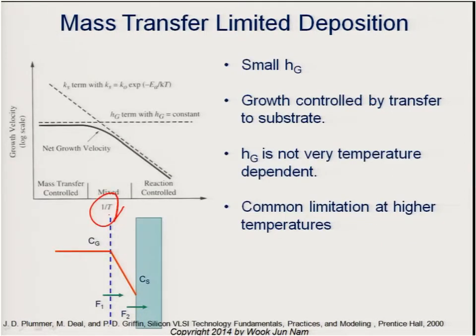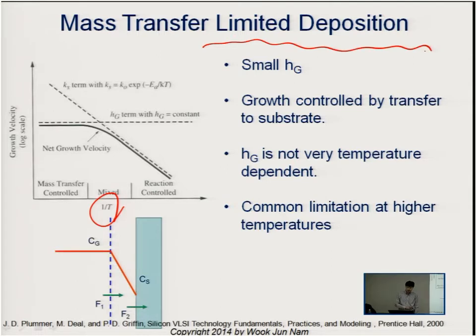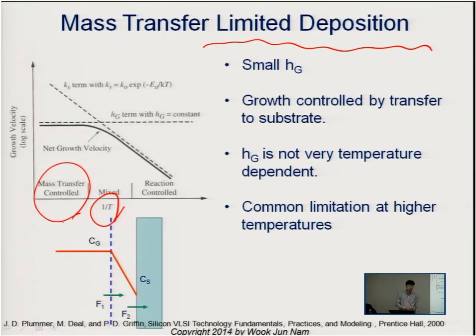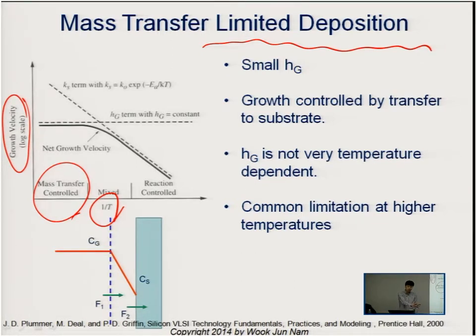Depending on the temperature, there are two different kinds of reactions. At hot temperature, the chemical reaction happens very fast. So the deposition rate is limited by how fast people can deliver the reaction gases to the surface of the substrate.